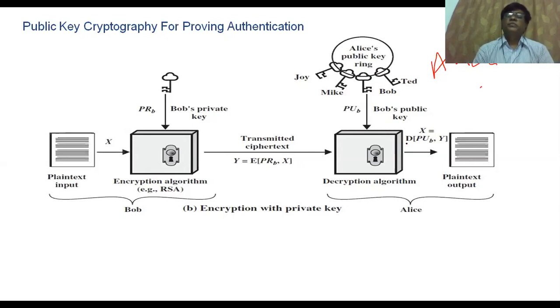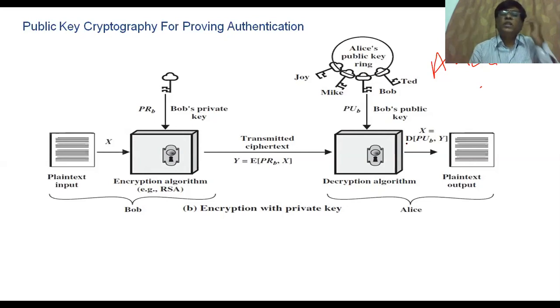Assume, as in a courier service or anything, before sending, Bob and different persons have given their public keys to Alice. The group of persons have given their public keys to Alice. Now Alice has different persons' public keys.